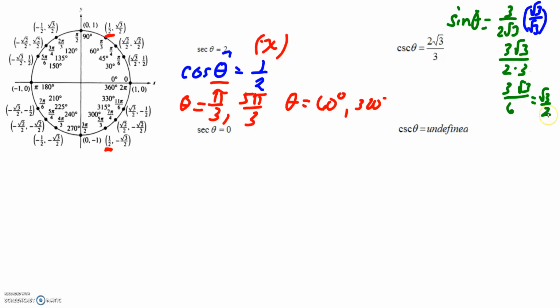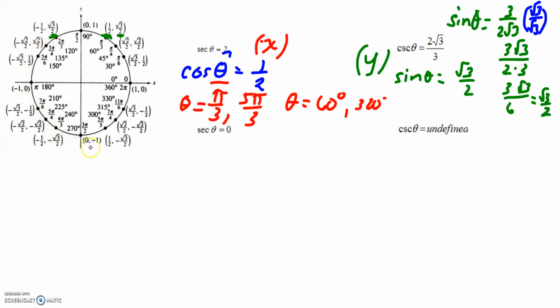So after all this madness, we really get that the reciprocal, sine of theta, is positive root 3 over 2. So if I come back to my unit circle here and ask where my y values are, this time, because y goes with sine, where it is positive root 3 over 2. We have positive root 3 over 2 here at 60 degrees or pi over 3. We also have positive root 3 over 2 for the y value here.